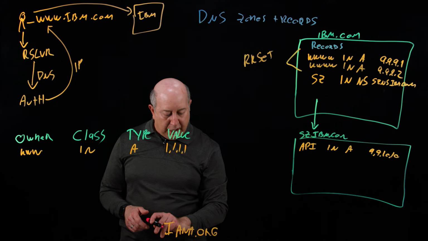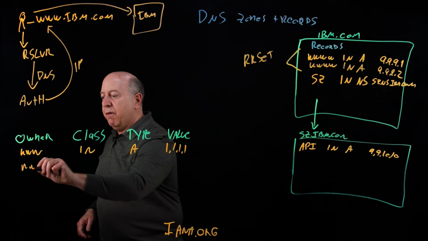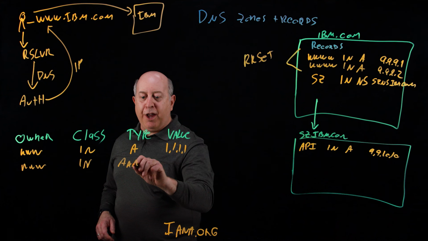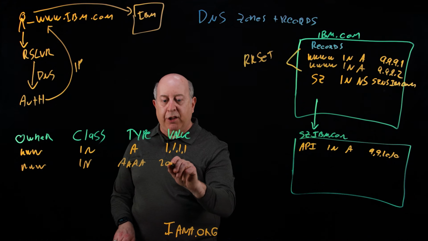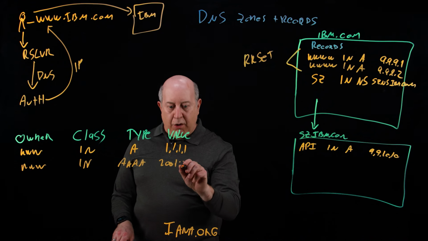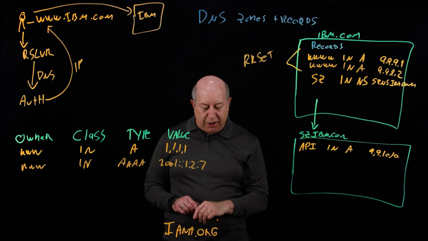But I'll cover the main ones that people tend to use. So the next one we have is called the Quad A record, which is written as 4 A's, and it's for an IPv6 address, so something like 2001:127 would be an IPv6 address.